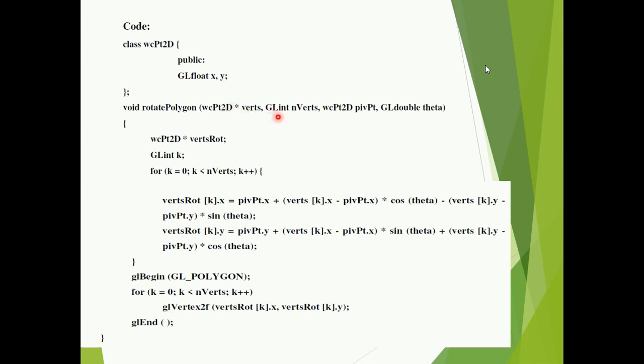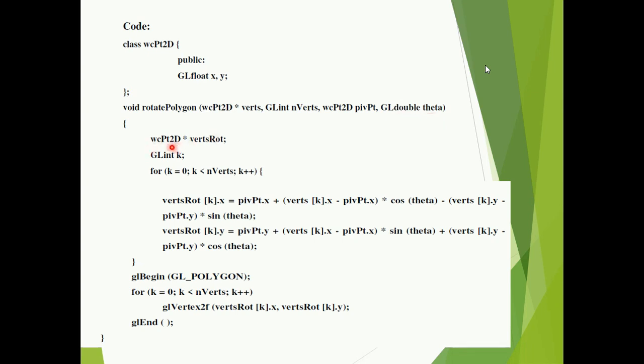And then GLint nVertex, the number of vertices of a polygon, and Point2D pivot point, so you can take a pivot point as the origin, or you can take an arbitrary point on the xy plane. And next you have GLdouble theta, which is the angle of rotation.